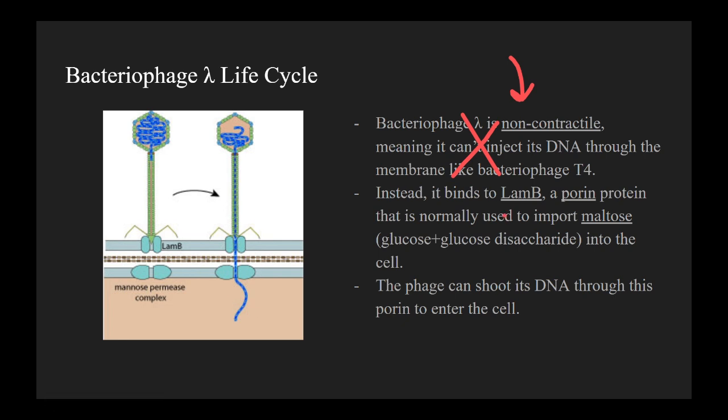So what it does is it'll recognize LamB, which is similar to OmpC, but it's a porin protein, which again is used for import. In this case, it's used for the import of maltose, which is a disaccharide of two glucose molecules bonded together. Normally the E. coli bacterium uses this porin protein to import that sugar and get energy from it, but in this case the bacteriophage is binding to it and then stuffing its DNA through that opening in the membrane here.